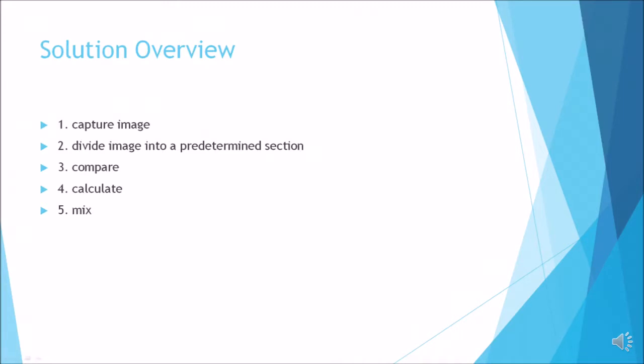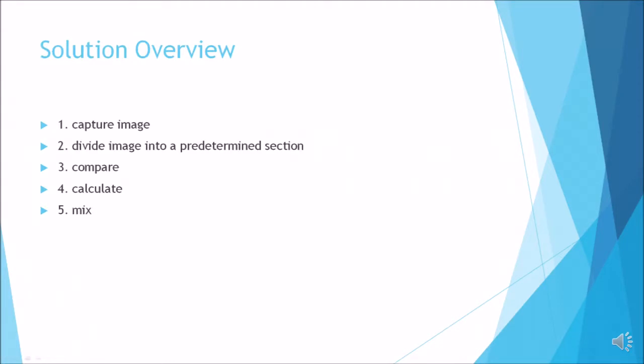After introducing the problem context, I will list the solution overview. The first step is to capture the fingerprint image through the fingerprint sensor. Then, the fingerprint image strip is divided into predetermined sections.